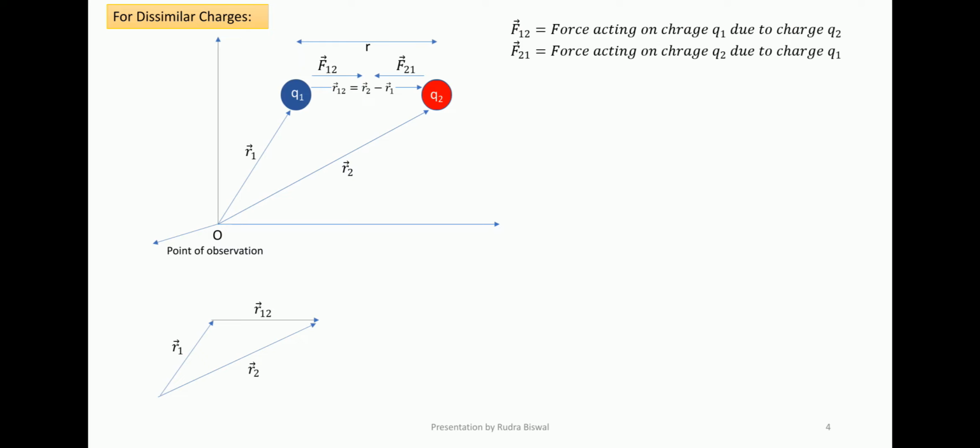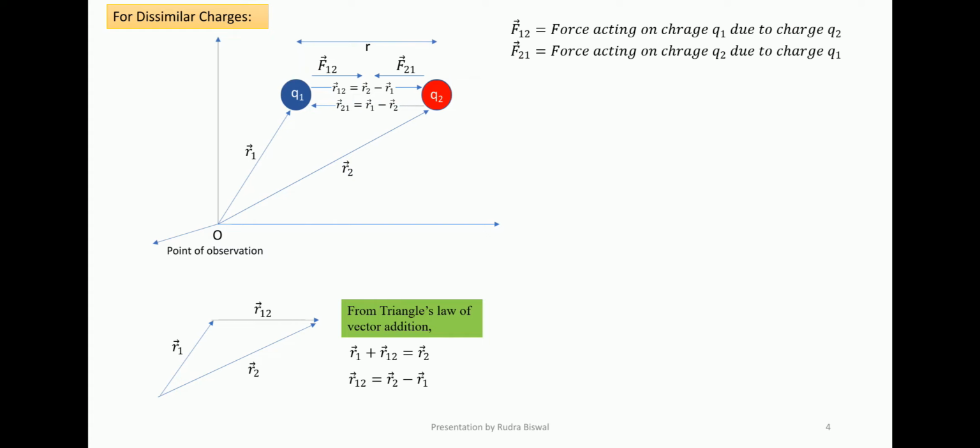According to the triangle law, r1 vector plus r12 vector is equal to r2 vector. So we can write it like this. By rearranging the equation, we can get the r12 vector. Similarly, you can evaluate the displacement vector from q2 to q1, that is the r21 vector.